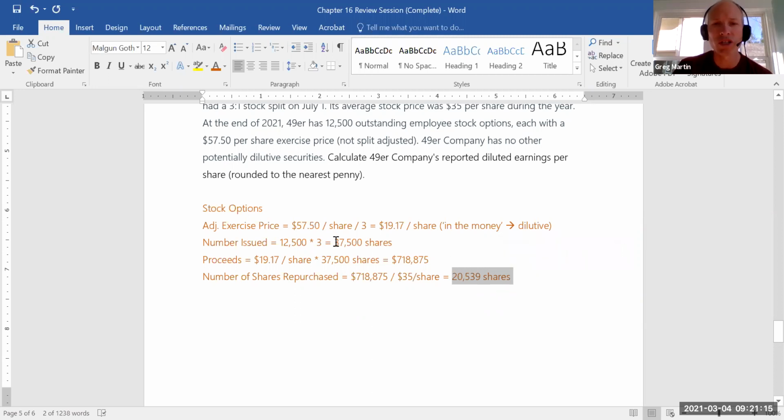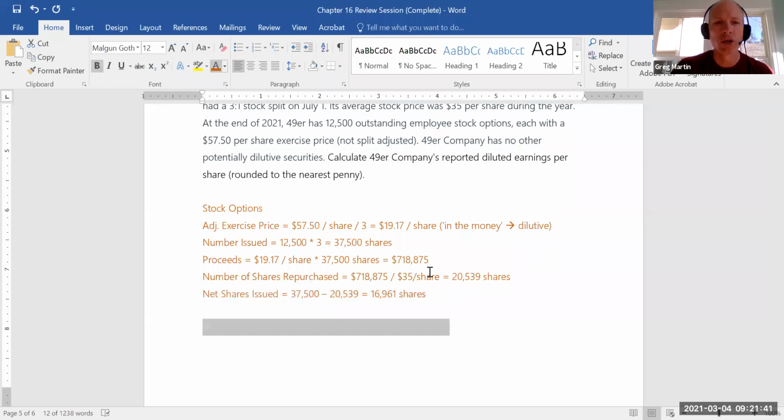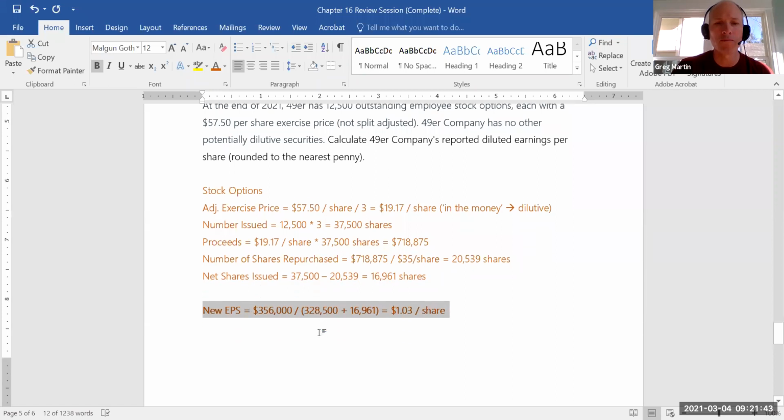So we issue 37,500 shares. We repurchase 20,539 shares, which tells us that the net shares issued would be 16,961 shares. So the stock options would basically result in an additional 16,961 shares. Given the new number of shares, we're going to have a new earnings per share amount.